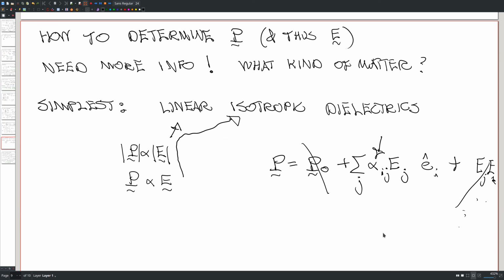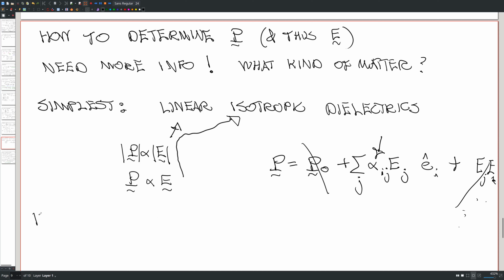And now I go back to your wonderfully planted question. You see, in that case, it's completely done because we have now hidden the complexity in the detail of the actual relationship between P and E. So we're going to give that a name, okay? And that's where we come to the notion of the susceptibility.